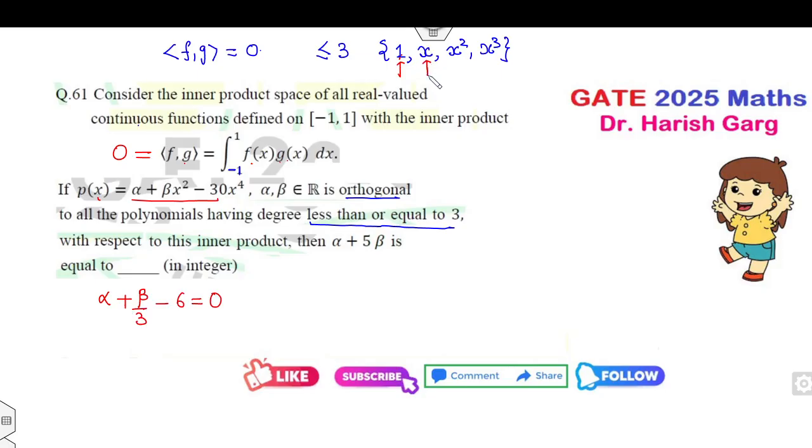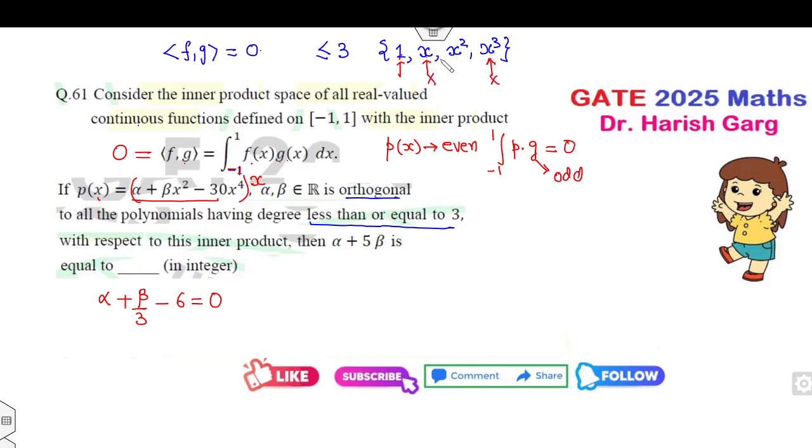If you multiply by x, it is an odd function, and the integration from -1 to 1 of an odd function is 0, because p is an even function. So for x and x cube it will be 0.